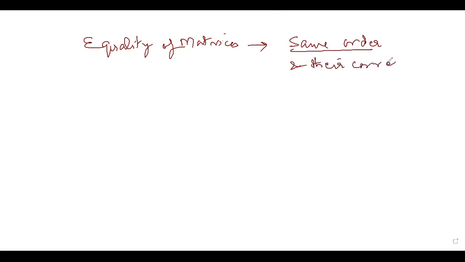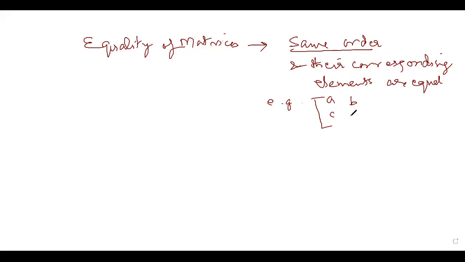Means we can equate their corresponding elements. For example, suppose A B, C D is a matrix of order 2 by 2, and if it is equal to the matrix 1 2, 3 4, then we can say that their corresponding elements are equal.